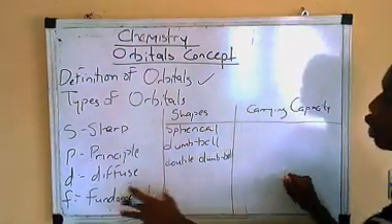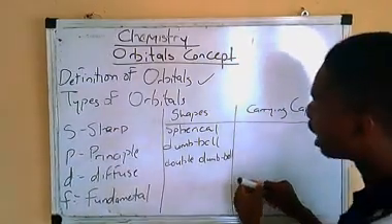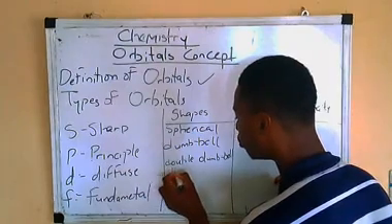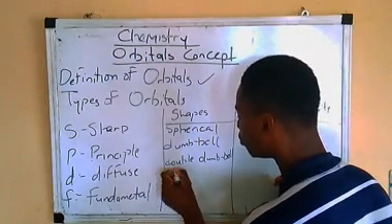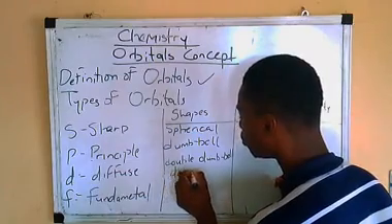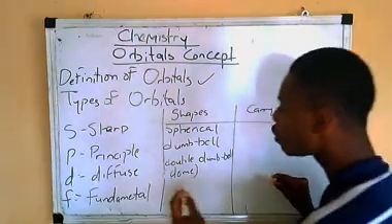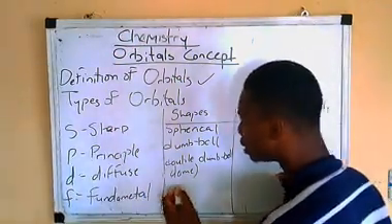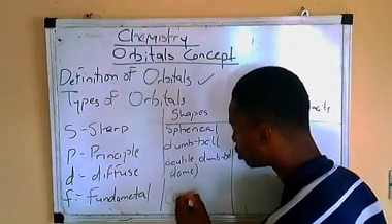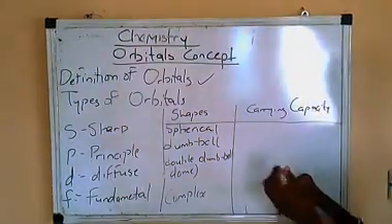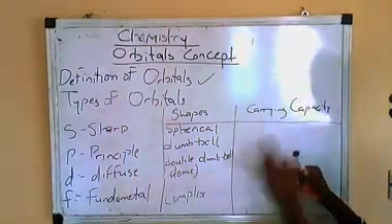D orbitals are double dumbbell, and they can also be called dome. Then f orbitals are complex in shape. Now let's go to their carrying capacity.